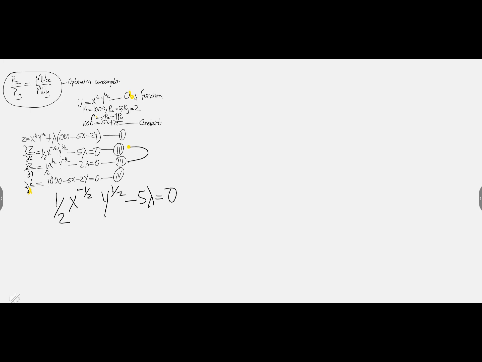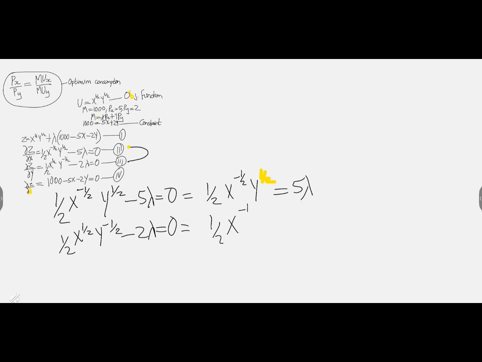So we have half x raised to power minus half y raised to power half equal 5 lambda, and half x raised to power half y raised to power minus half equal 2 lambda. Make lambda the subject of formula.